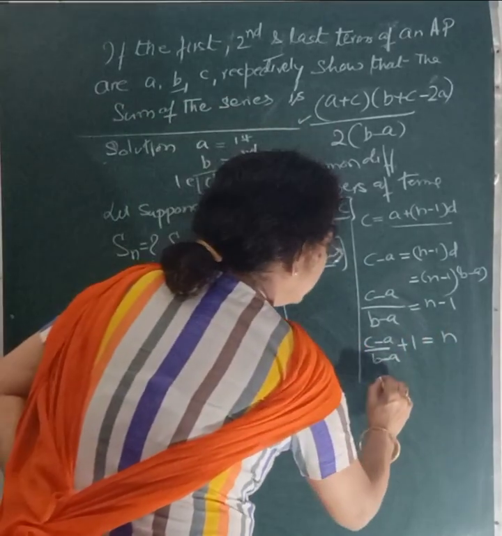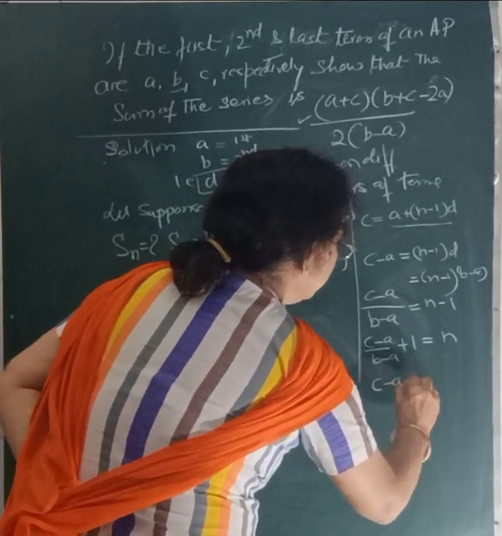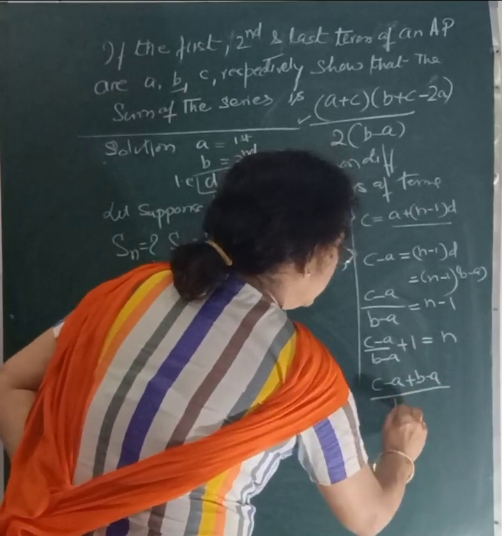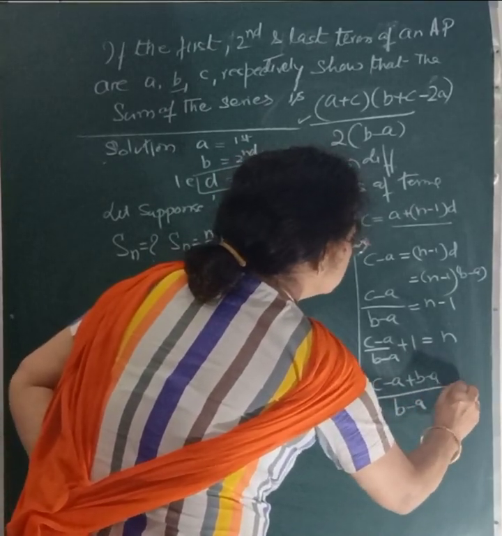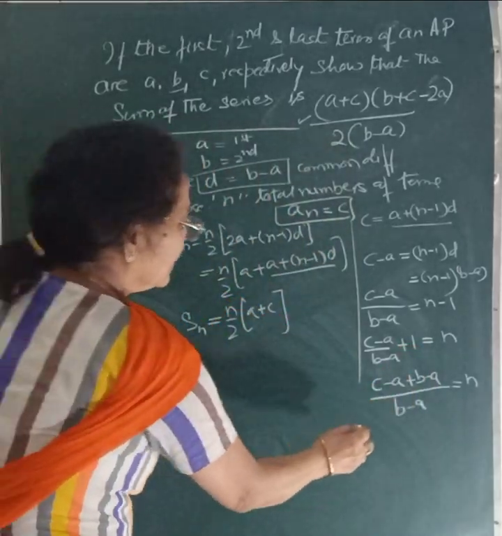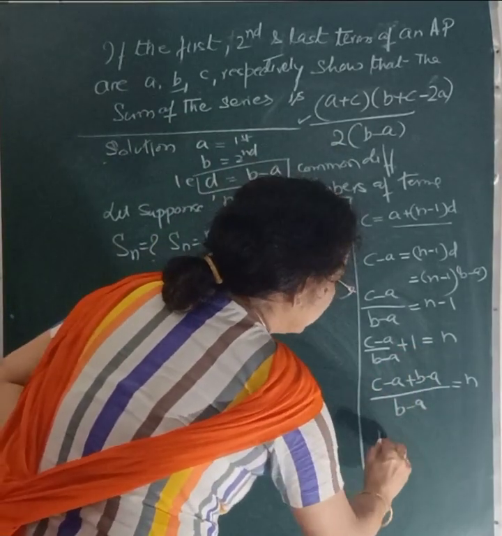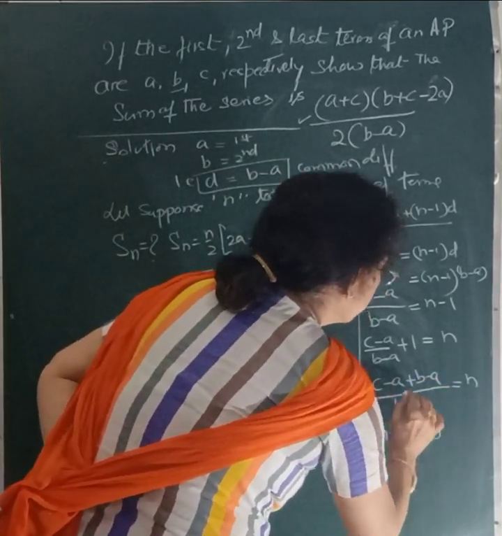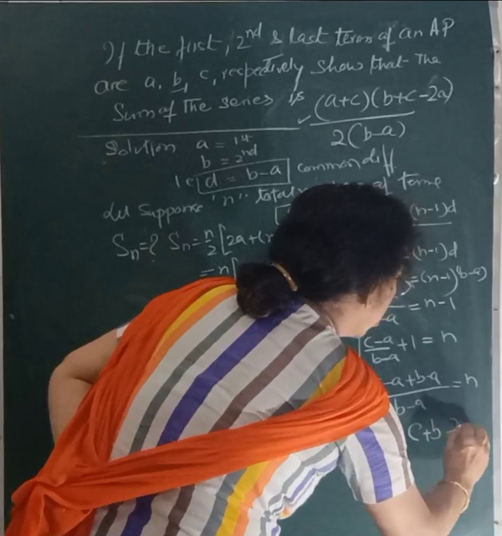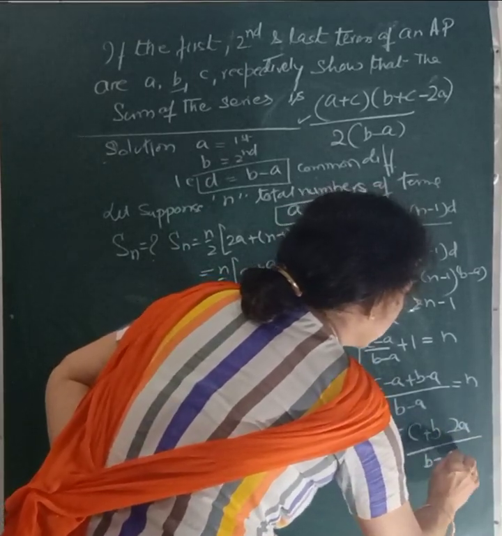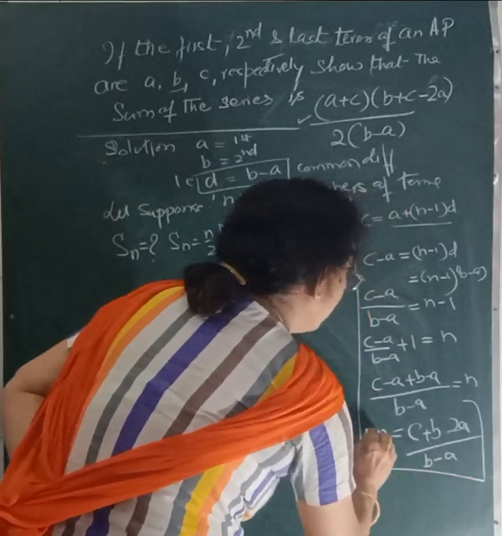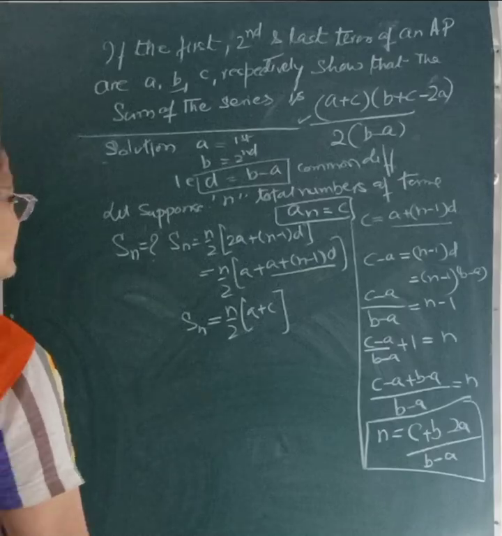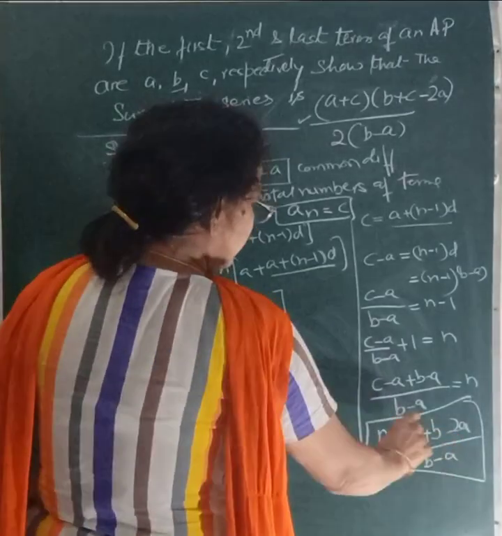So n equals (c minus a plus b minus a) upon (b minus a), or n can be written as (c plus b minus 2a) upon (b minus a). This is the value of n in terms of c, b and a.